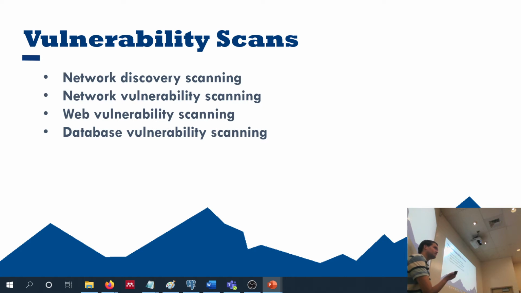It's a file sharing protocol. Give you another hint: on Linux, the protocol is called Samba. SMB, exactly. That would be an example of a vulnerability, something that can easily be exploited.